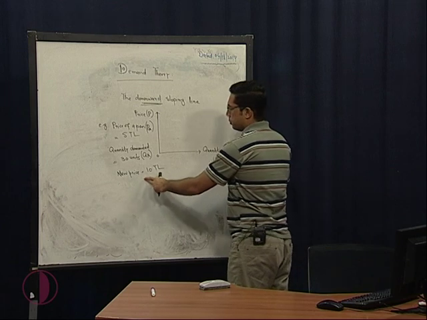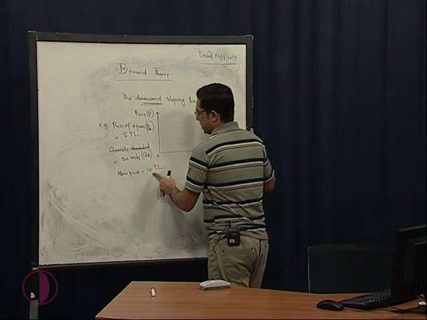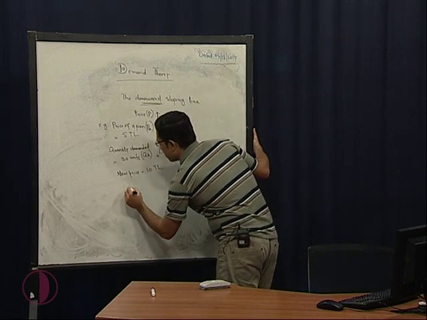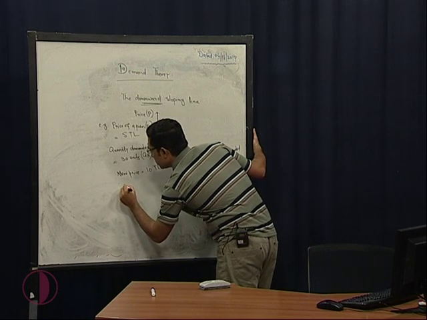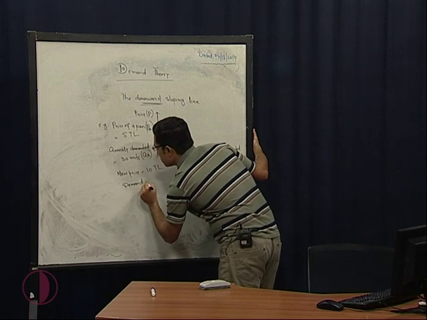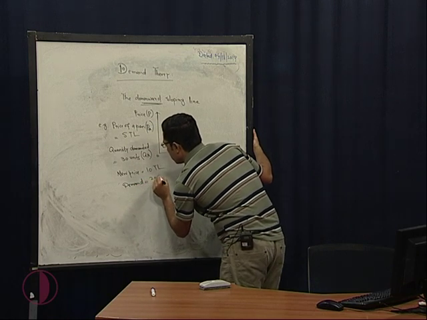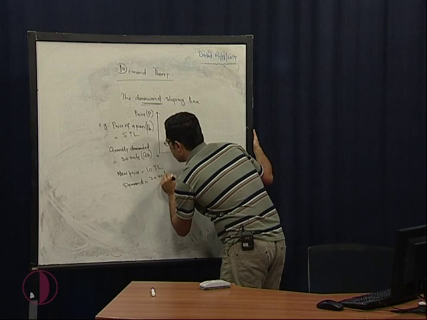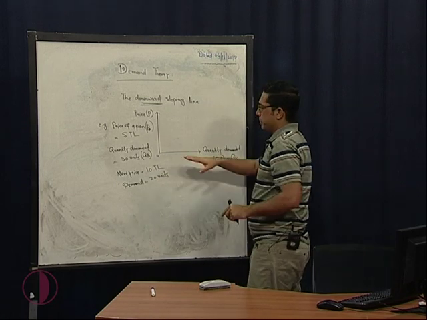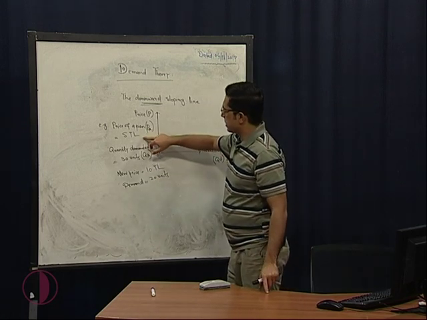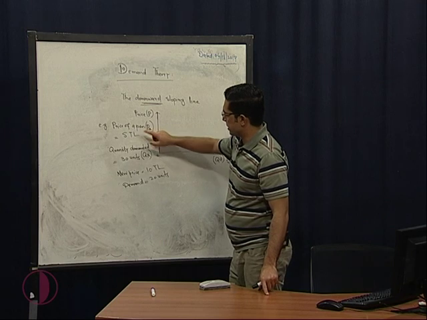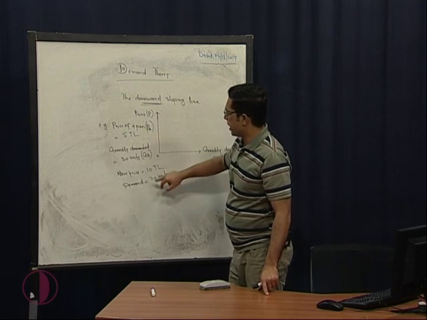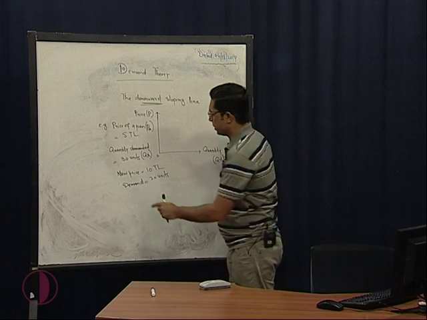If the new price of a pen is 10 Turkish lira, the demand will be 20 units, because the price of this commodity increases and the quantity demanded decreases.